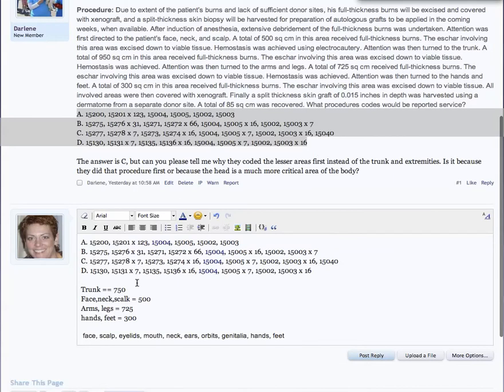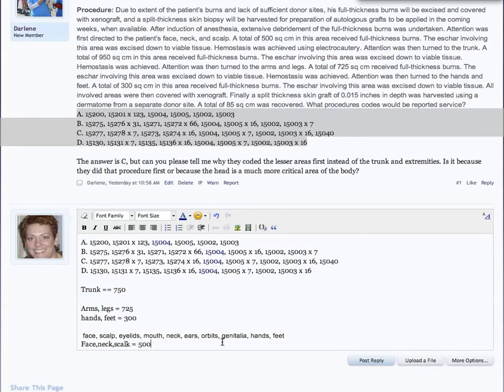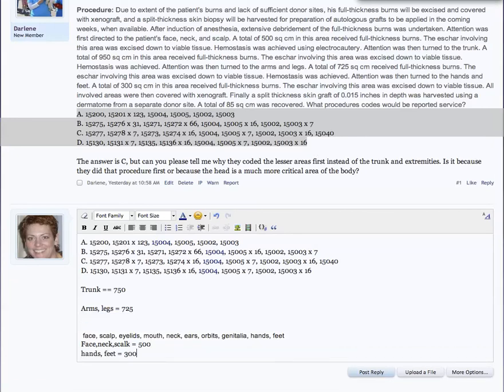So that would be this face one. Hands and feet, that would be this one. Okay. So we have a total of 800.